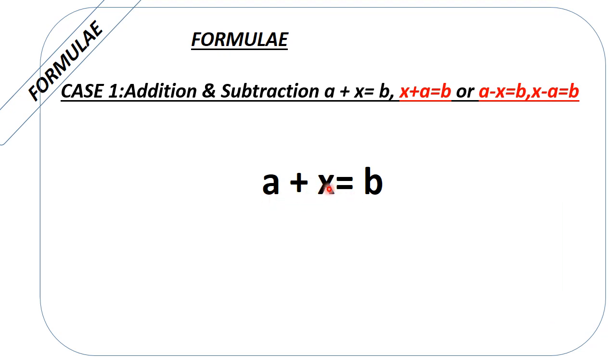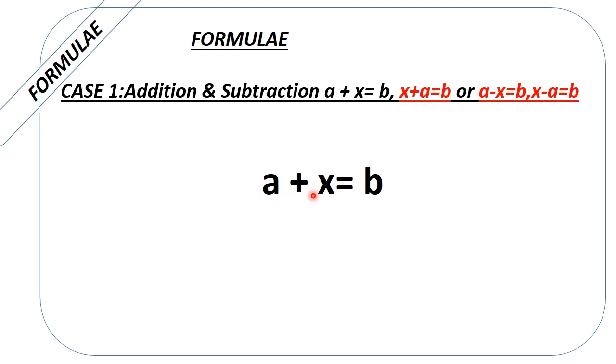So x is not the subject because it has this. In this case, b is the subject because it is not with these other things. So that's what a subject of the formula means in simple words. So your job is to make x be alone. So how do we make x a subject?